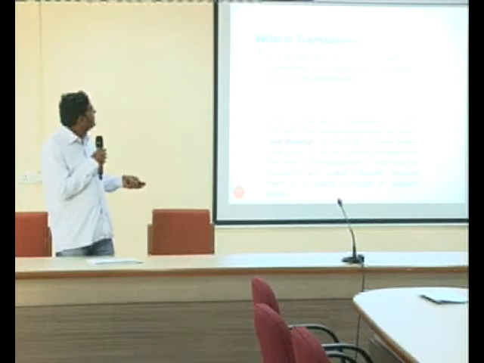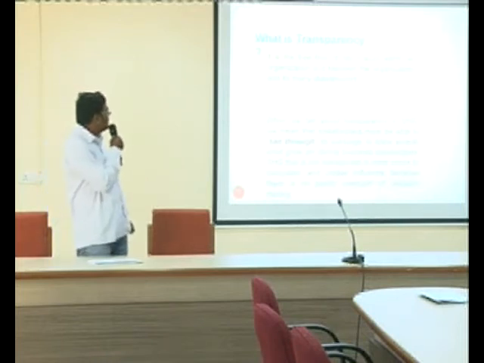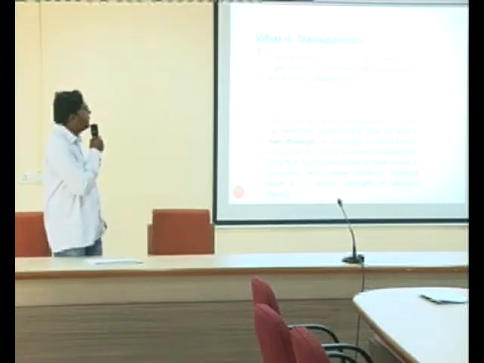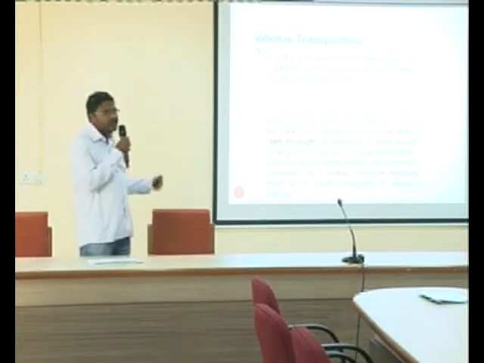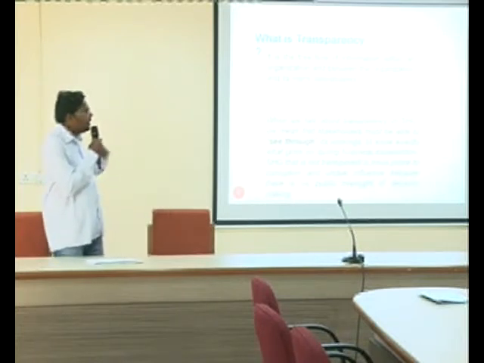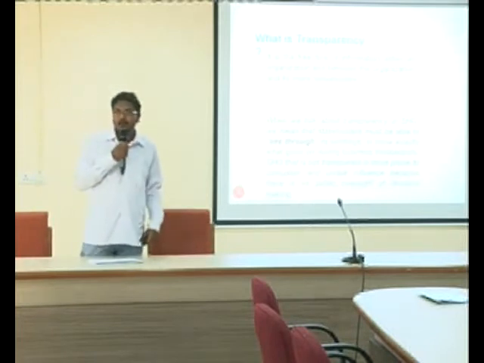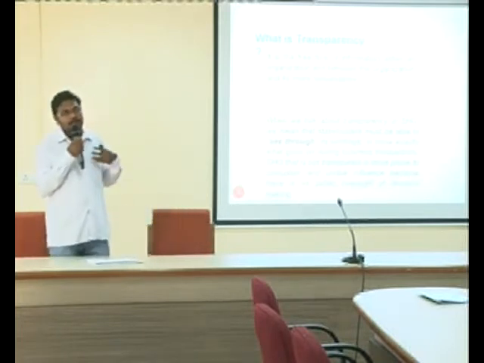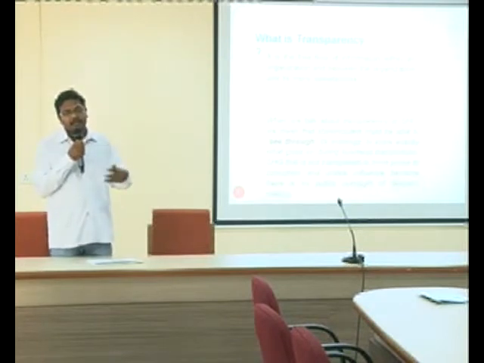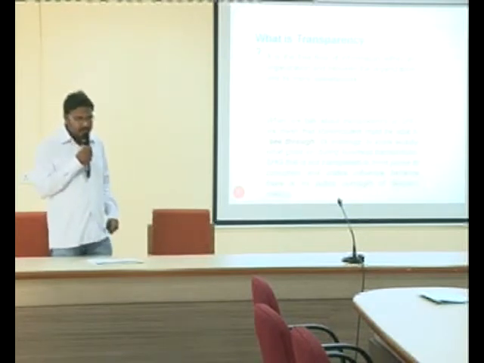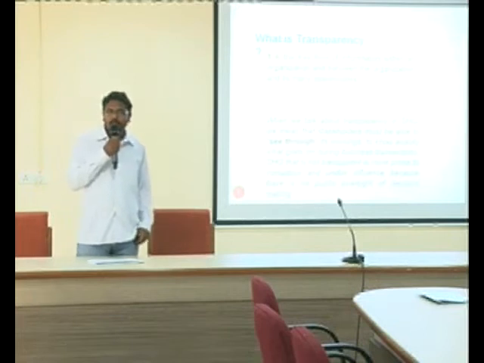So what is transparency? It is a free flow of information within an organization and between the organization and its many stakeholders. So it's like being able to see through what is happening. Because as we do not know what is happening, in India, some people are making like 1,000 crores scam.